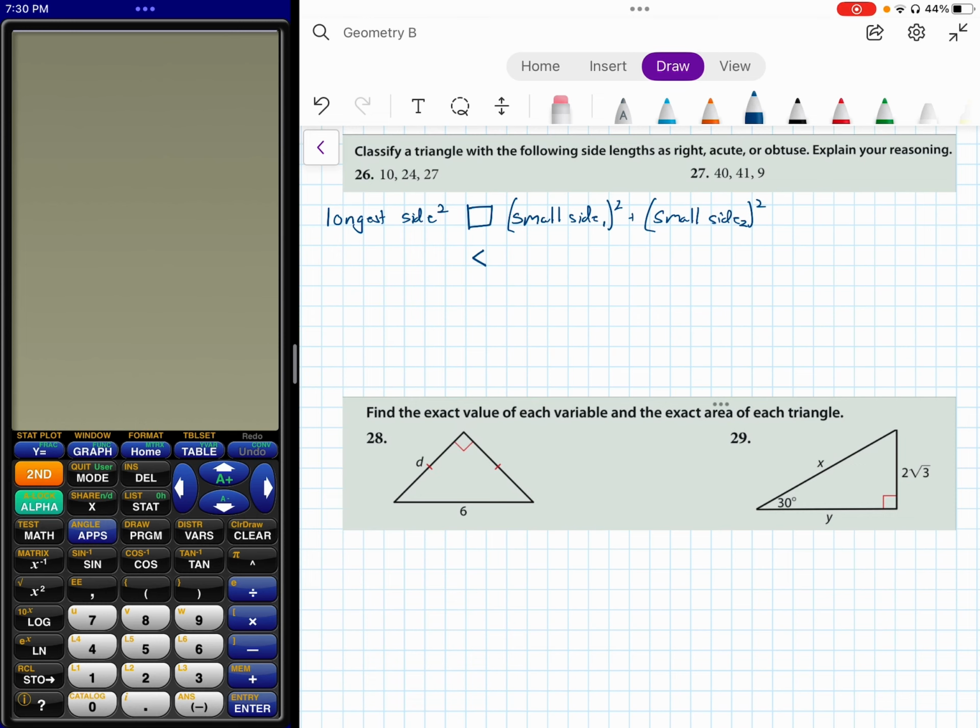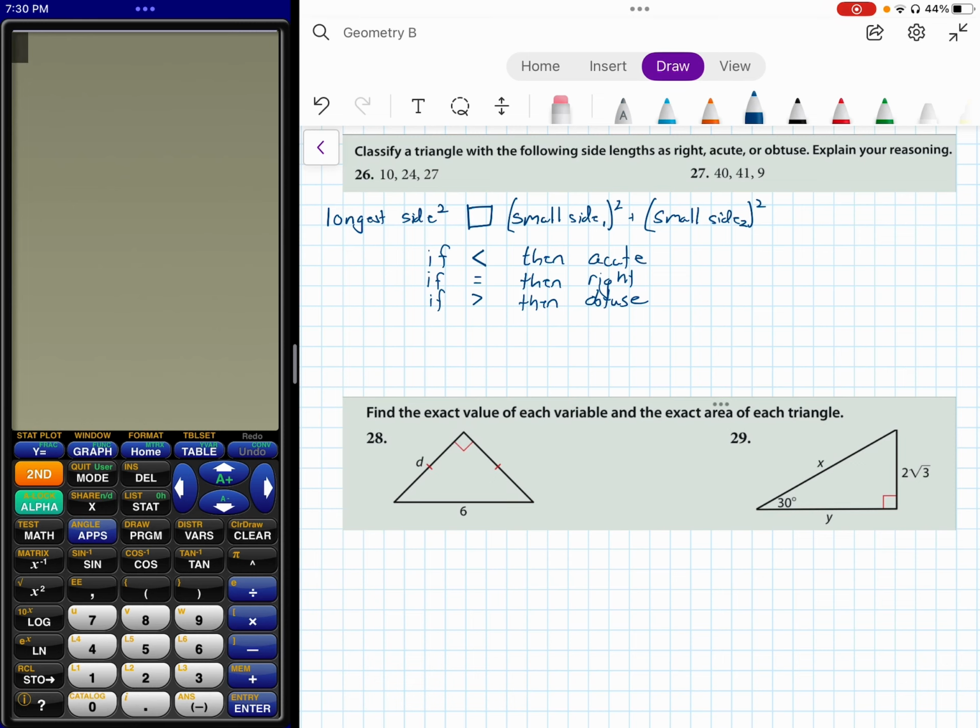So if less than, then it's an acute triangle. If they're equal to each other, then it's a right triangle. And if the longest side squared is greater, then it is an obtuse triangle. So make sure you square the things like you're supposed to.